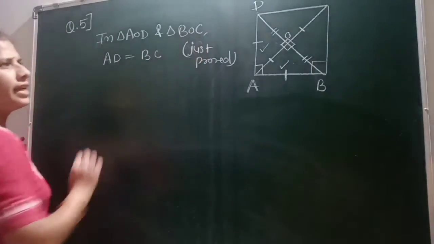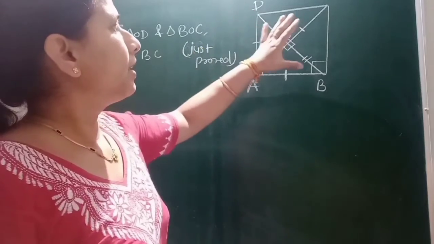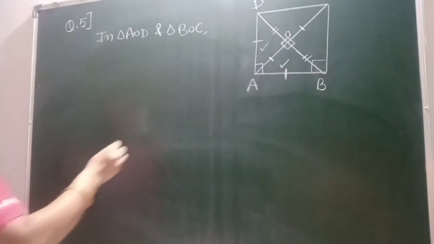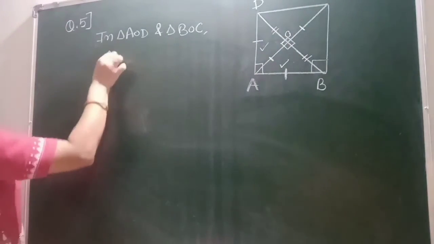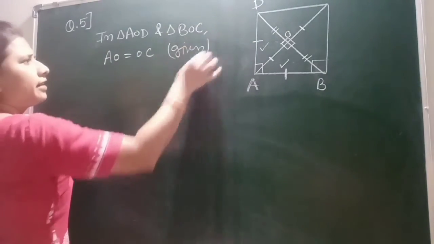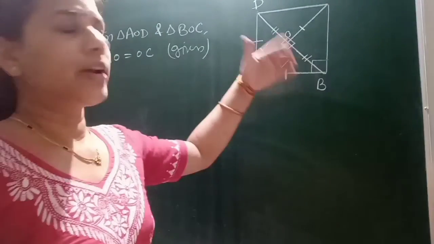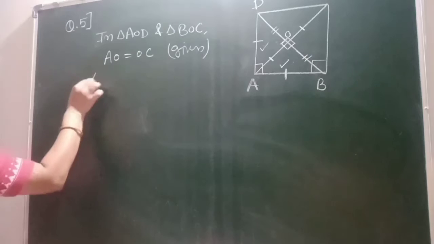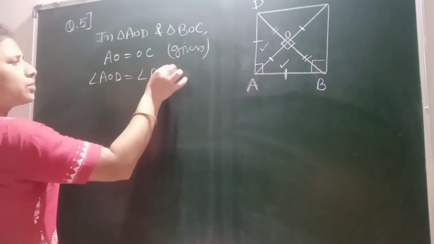Okay. Then next, first we will take what is given here, AO equals OC. It is given that both angles will equal each other. You can write each angle equals 90 degrees, or you can write vertically opposite angles. Angle AOD equals angle BOC.